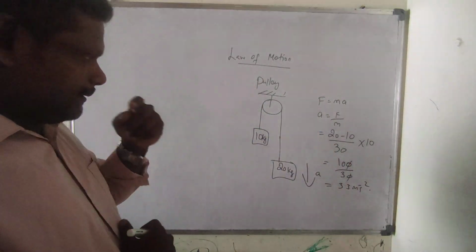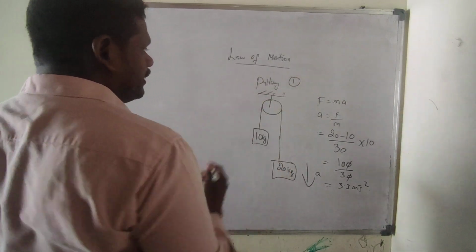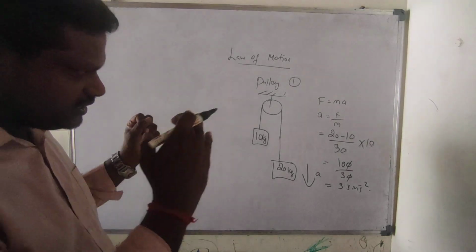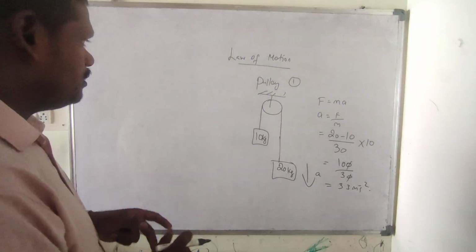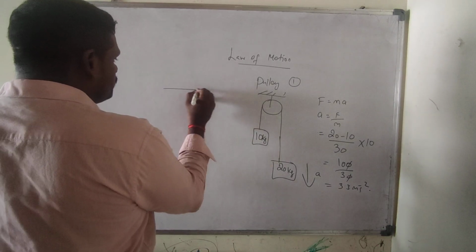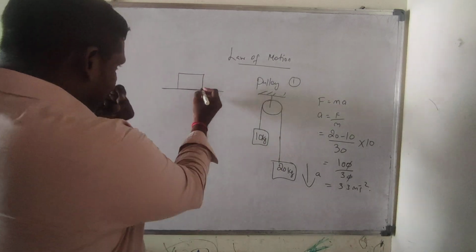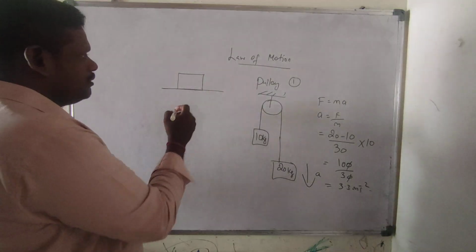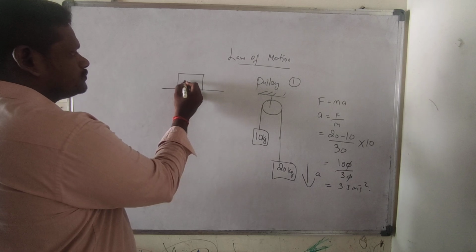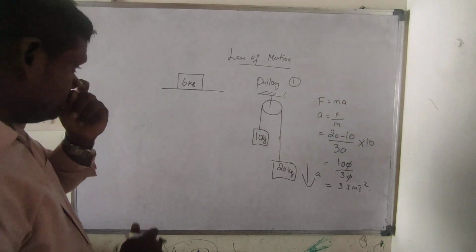And second one, the same concept, the same formula and everything is in the second concept. That means, let us assume there is some 6 kg mass lying on the table.